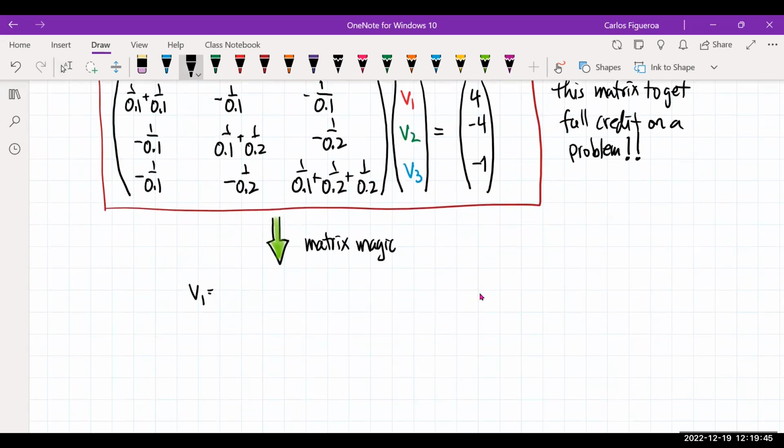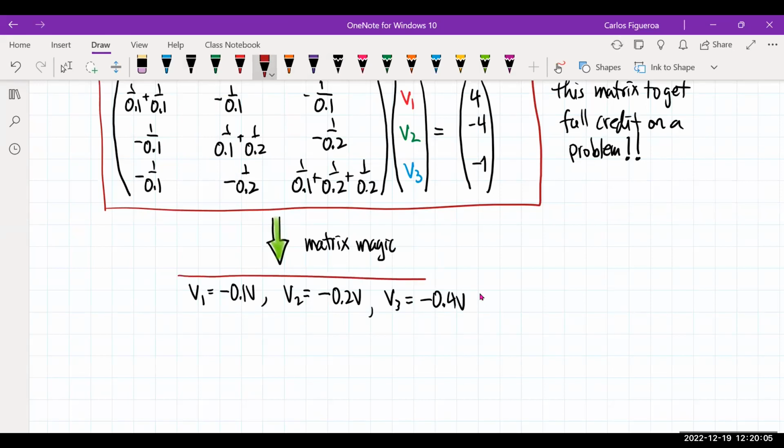So V1 is going to be minus 0.1 volts. This is going to be V2, which will be minus 0.2 volts. And then this is V3, which will be minus 0.4 volts. And so these are the node voltage solutions here.